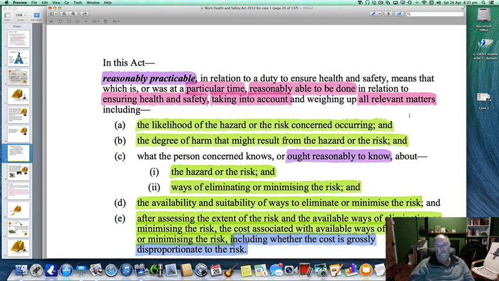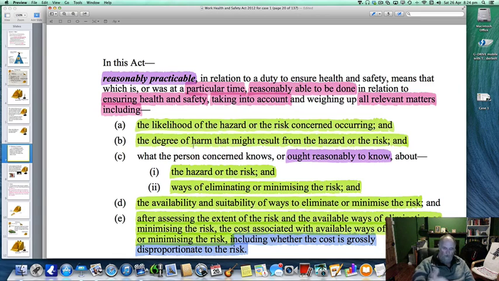Okay, so let's have a look at this. So taking into account, weighing up all relevant matters. All relevant matters means, because it says all relevant matters, including, it's including all of these here, A, B, C, D, and E, right? But any other matter that's considered to be relevant is also having to be taken into account.